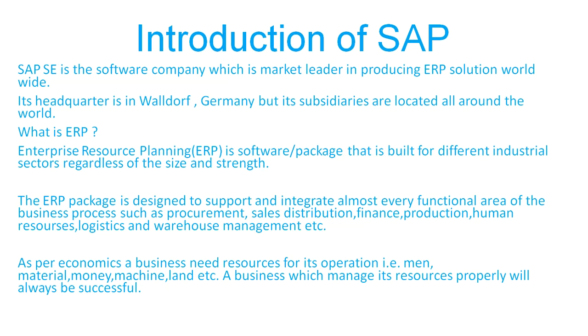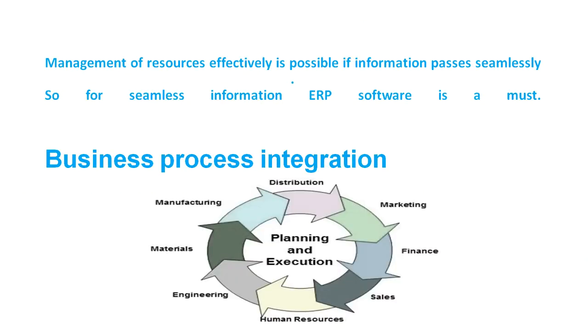So the best part of the ERP software is that it can process information from different locations, processed by different persons, but these are immediately updated in the software itself, and the updated report is ready.